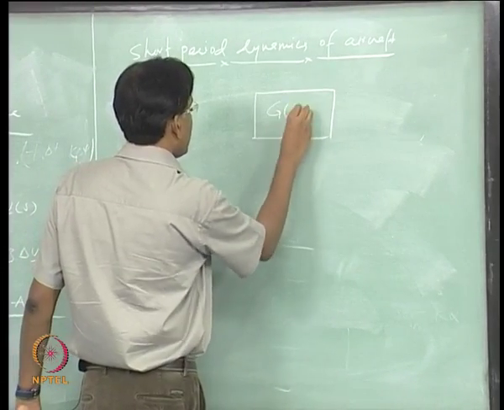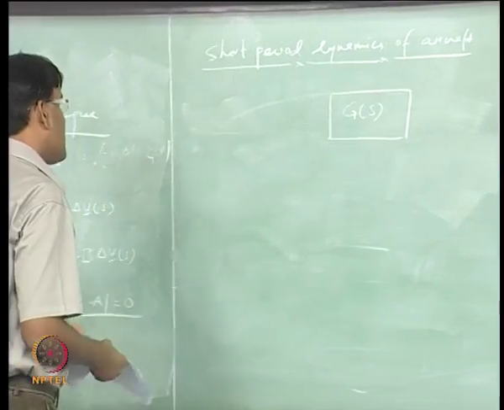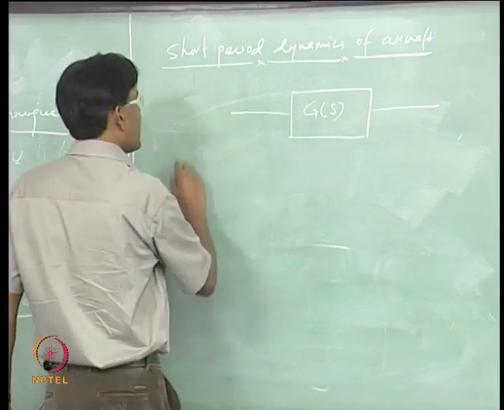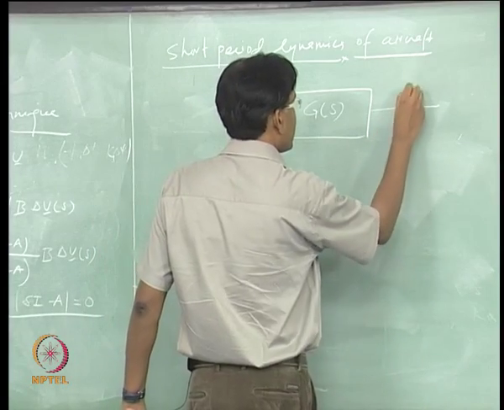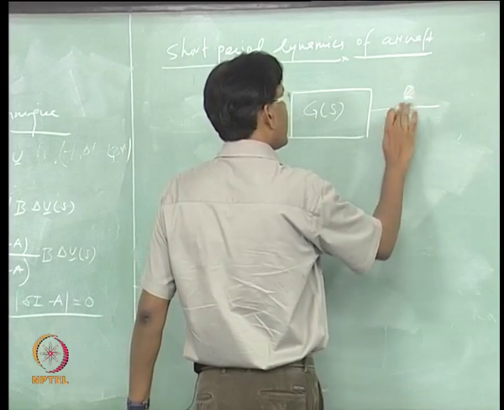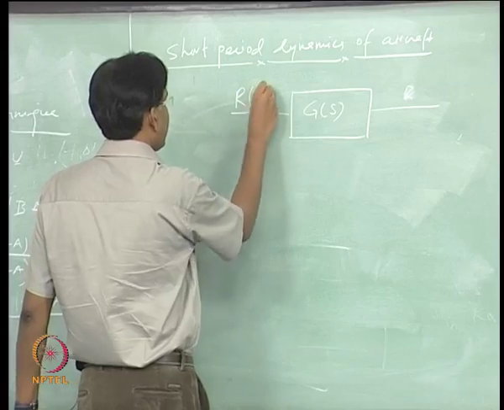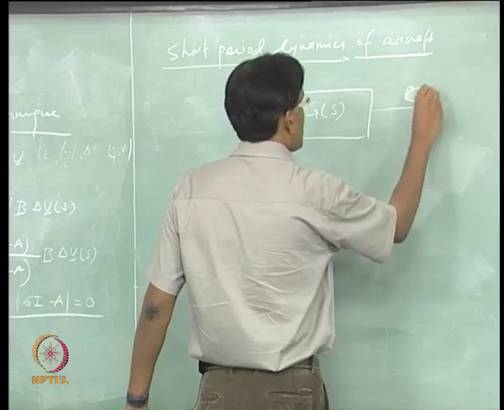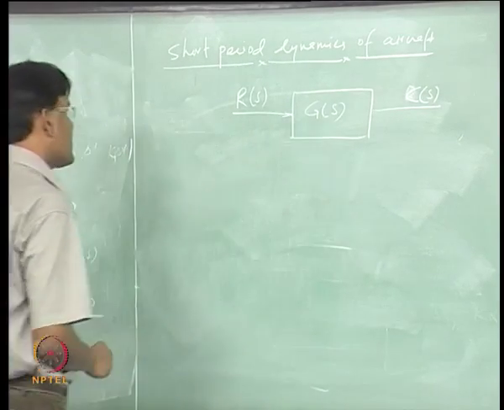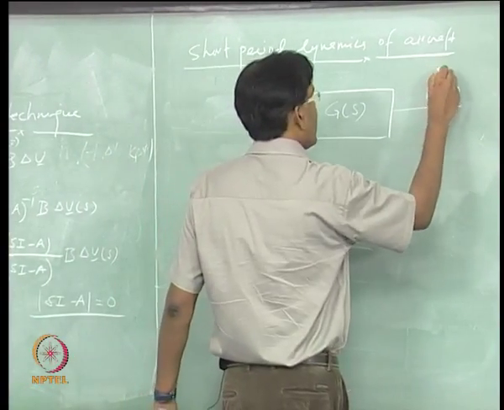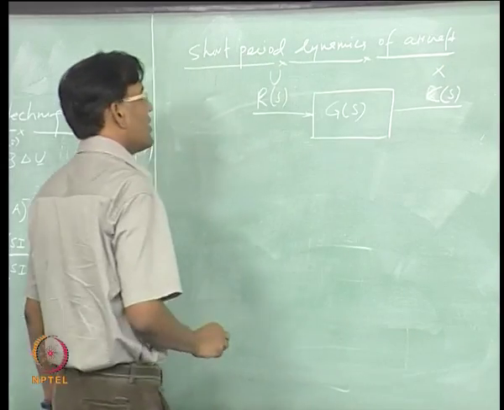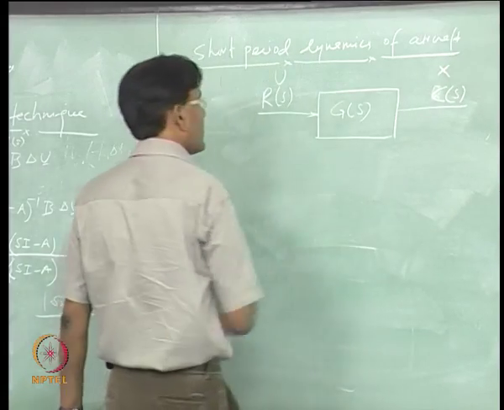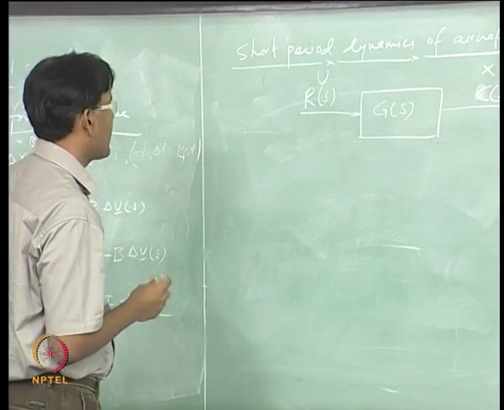Now, let us see what happens when we close the loop. So, G(s) is the open loop transfer function, and there is some response, the output corresponding to this input R(s). So, in our case it is x and u. Now, the usual notation is to use C(s) and R(s) for the output and input respectively.